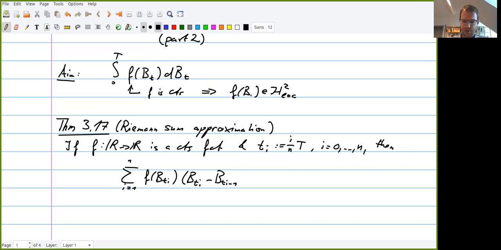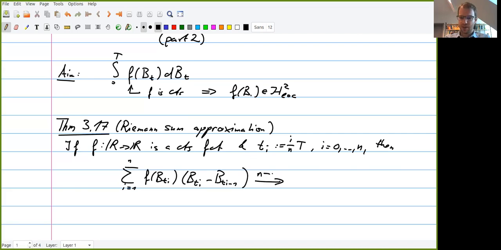Okay. So this is what we understand as Riemann sums, because if you replace the Brownian motion by, for example, just time, then here would just be t_i minus t_{i-1}. This time integral would be the classical Riemann integral, but now we integrate with respect to the Brownian motion, so we have the increment of the Brownian motion.